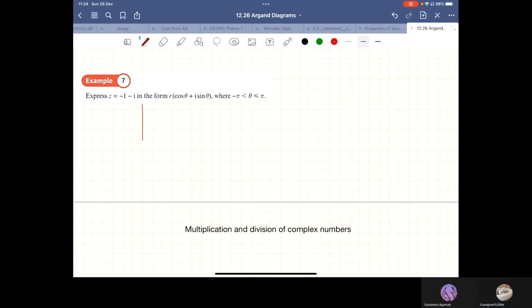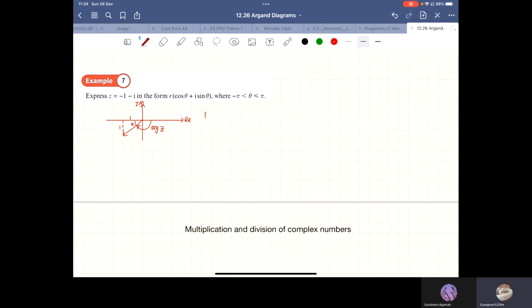In which quadrant? The third one. Getting better and faster. So here will be 1. Here's also 1. And this is our A, this is our argument of Z.